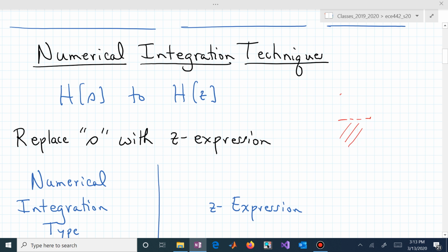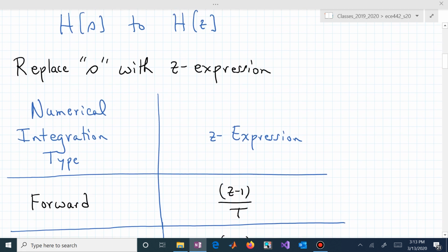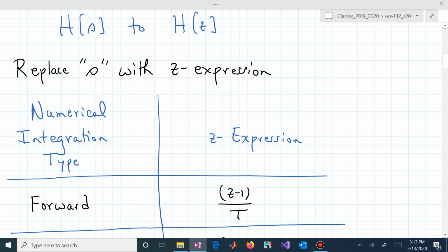So we had the forward, the backward, and the trapezoidal strategy for adding an additional sliver of area to the existing area that we'd already determined. And that then allowed us to find a z expression that we could use to substitute in for the s variable wherever that appeared in our original H of s transfer function.